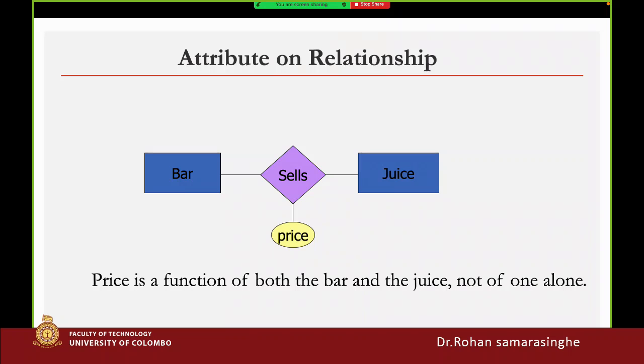For example, Joe's bar sells apple light for 150, and Ant's bar, a different bar, sells apple light for 120. Likewise, the price is a function of both the bar and the juice, not only one alone.